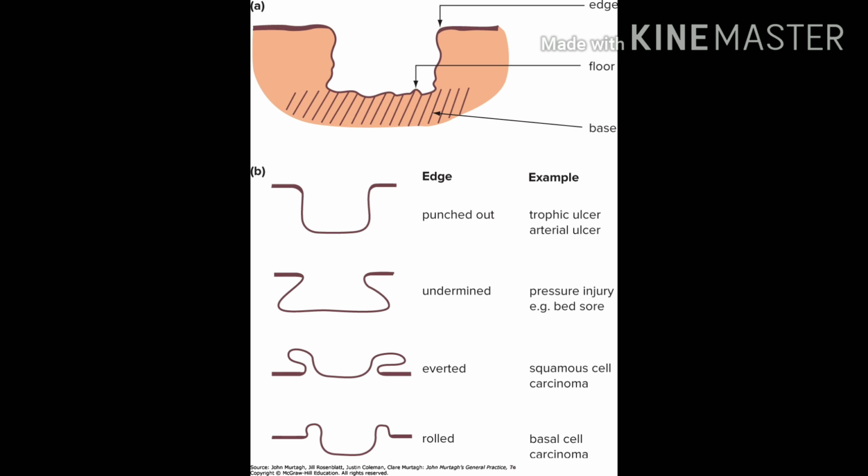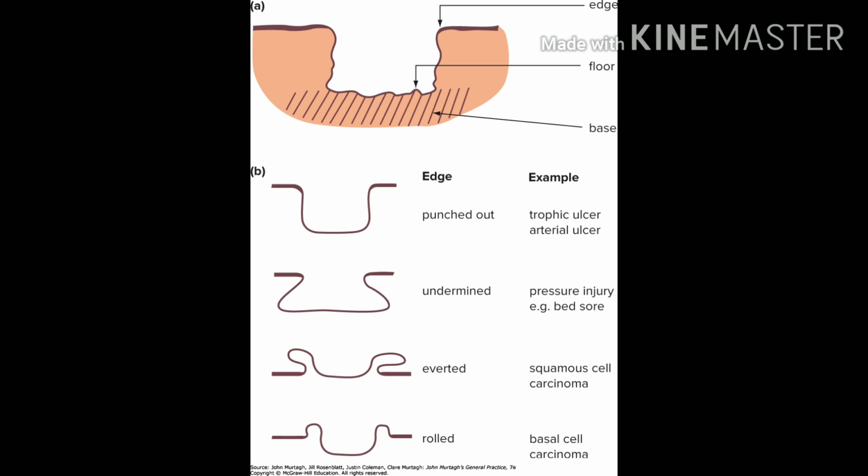Now, as we have discussed the parts of ulcer, on the basis of types of edges, the ulcer is mainly divided into four types. Punched out, which can be seen in trophic ulcers and arterial ulcer. Then comes the undermined edge, which can be seen in pressure sores, for example, bed sores.